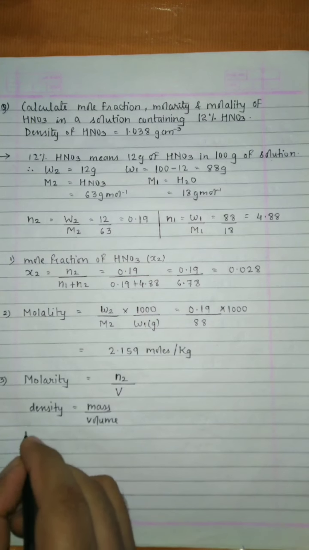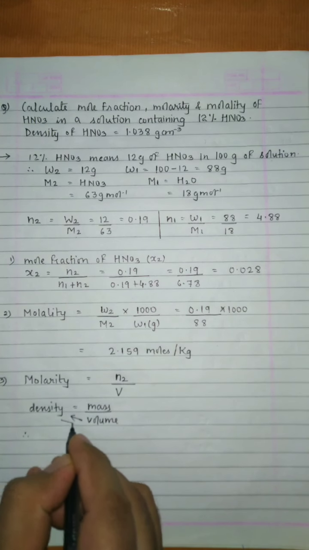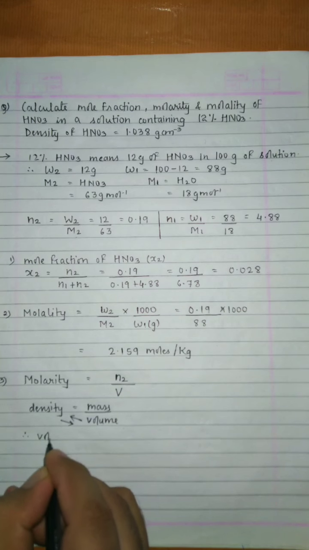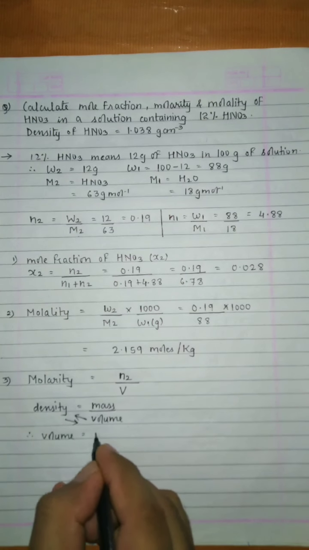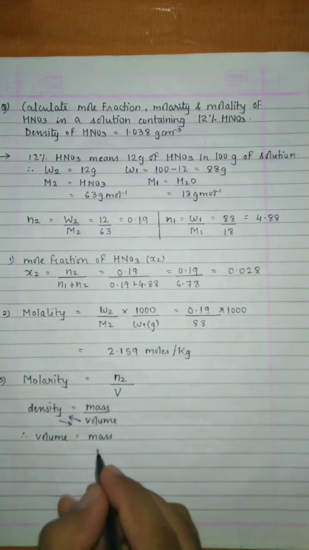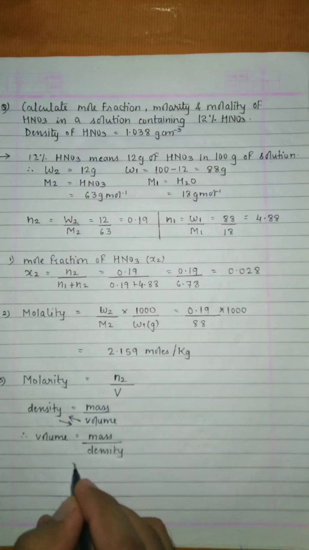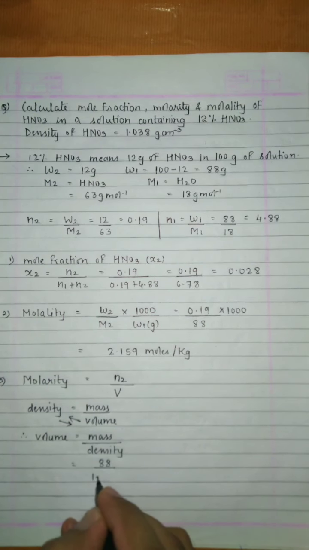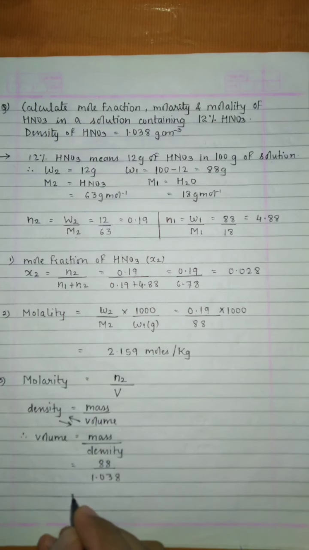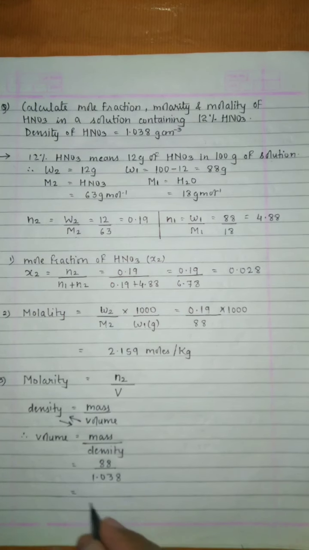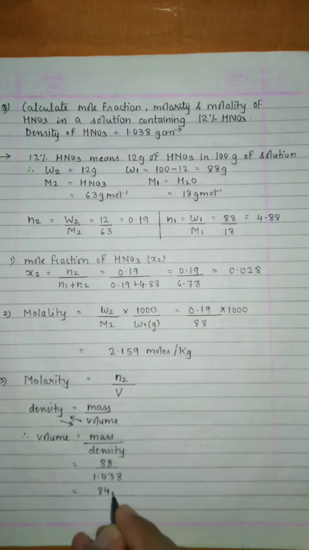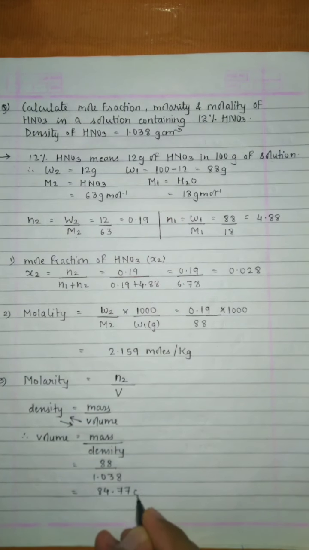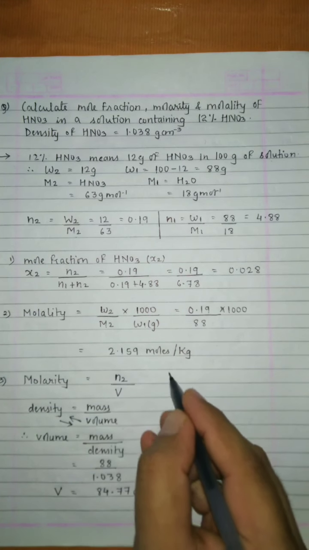Therefore volume is equal to mass upon density. Mass is 88, density is 1.038, and when I solve this, I get value equal to 84.77 cm3. So I get volume equal to 84.77 cm3.